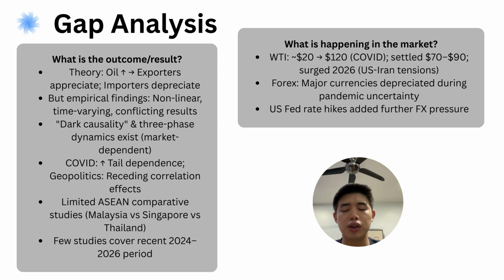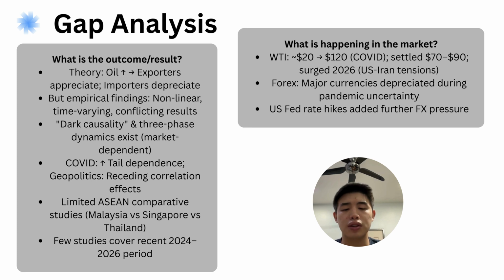The relationship is nonlinear, time varying, and depends on market conditions. Studies have found dark causality and three-phase dynamics, but there is limited comparative research specifically on ASEAN countries. Additionally, few studies cover the recent 2024 to 2026 period, incorporating both post-pandemic recovery and new geopolitical tensions.